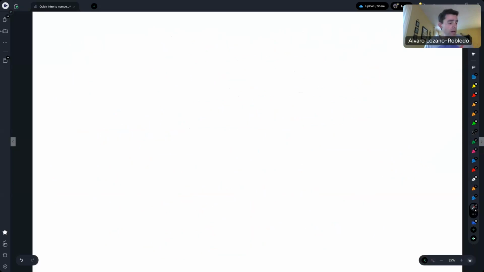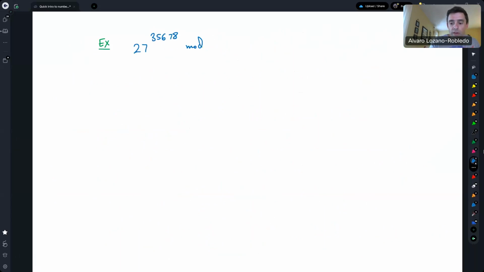Great. Why is this useful? Fermat's little theorem helps a lot, again, with that fast powering algorithm. So for example, let's compute 27 to the power of 35,678 modulo 11.